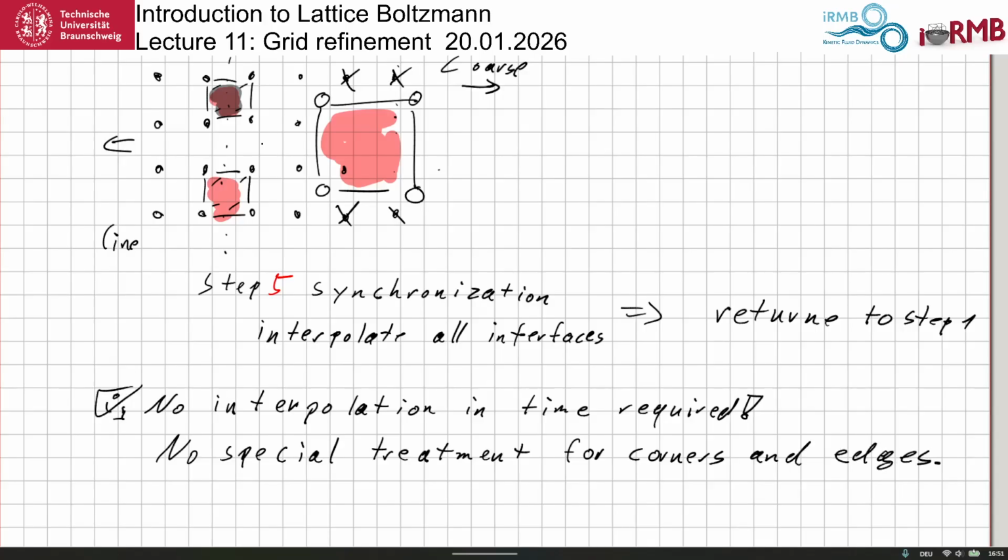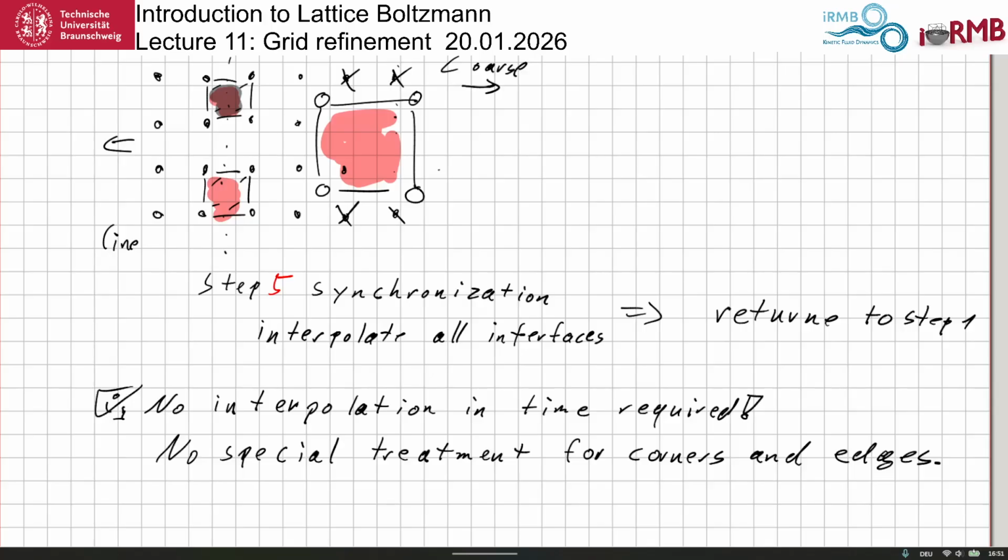Okay, so this is how we usually do grid refinement nowadays. This is the way we do it for, say, the last 15 years. This was much better than what we had before, as always.